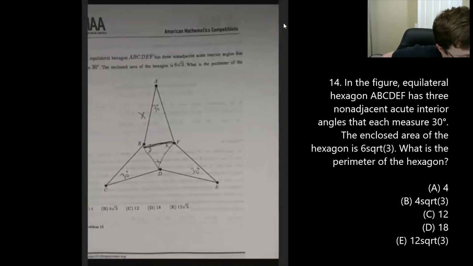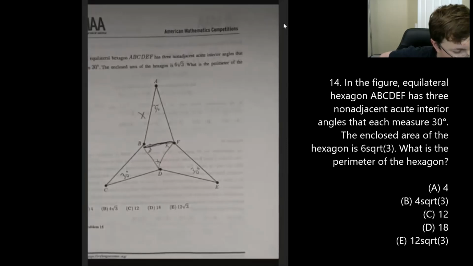Enclosed area is, yeah, okay, I guess I use law of sines. Again, I'm going to use trig because that's what I'm most comfortable with. What is the perimeter?